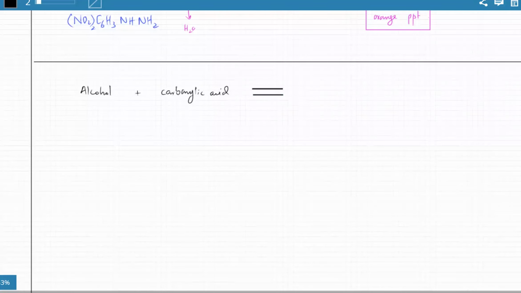It can go in the forward or backward direction, depending on the conditions. An ester molecule is going to be produced, and a water molecule. To form an ester, the conditions required are concentrated H2SO4 and reflux.